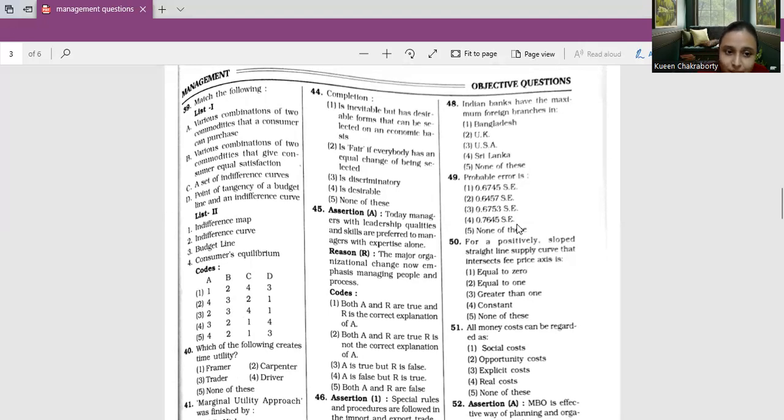Next, coming to B, various combinations of two commodities that give the consumer equal satisfaction. That is the indifference curve. We all know the definition of an indifference curve. Next, a set of indifference curves is the indifference map, and D is left with only one option, that is consumer's equilibrium. If you ask me the details of it, I can explain.